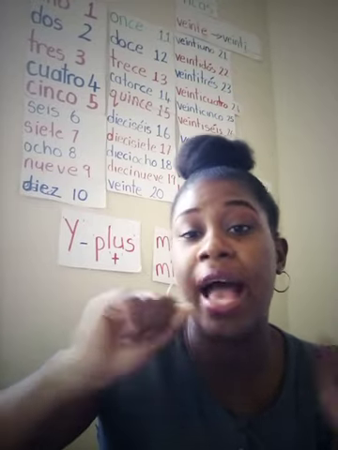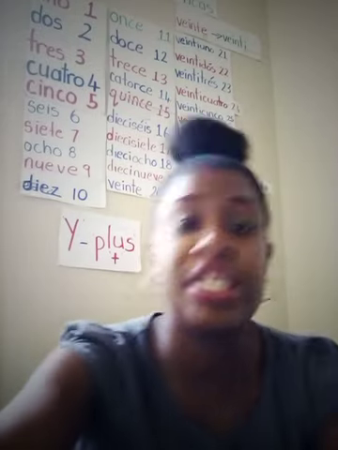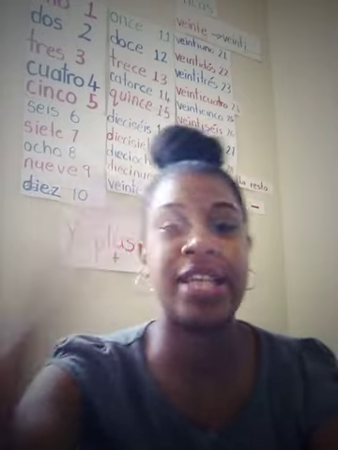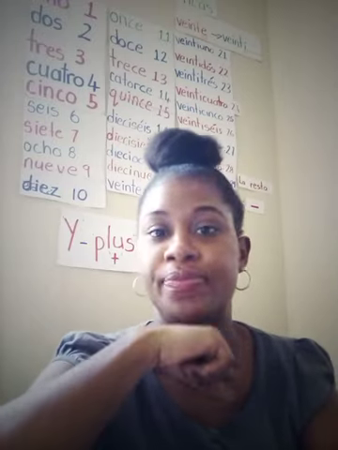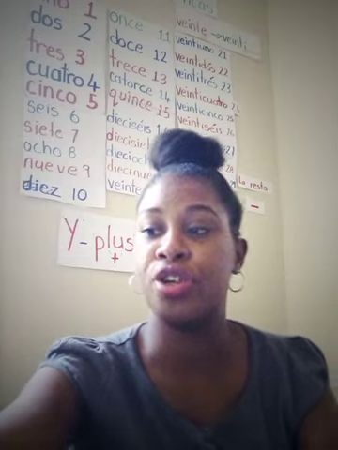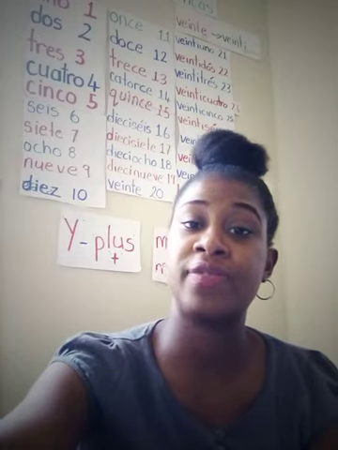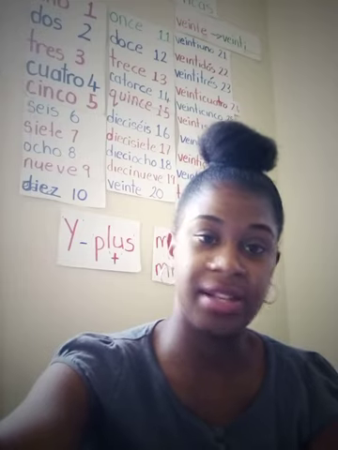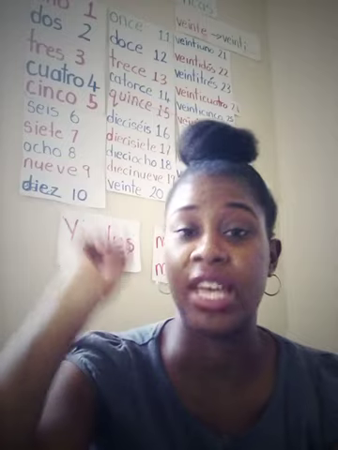So you now have to figure out which number in Spanish would be the answer for each problem. For example, you see 5 minus 3 equals, and you have the words dos, and you have the words seis. We know that 5 minus 3 gives us 2, right? 2 in Spanish is dos, not seis. Seis is 6. So we're going to choose dos and write the word dos in the box.